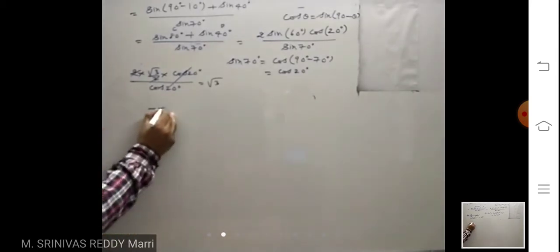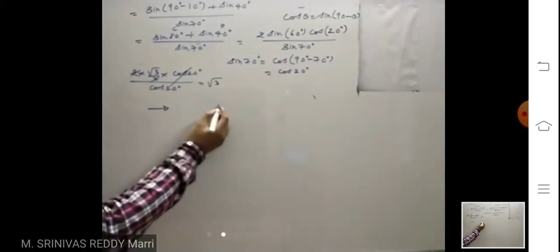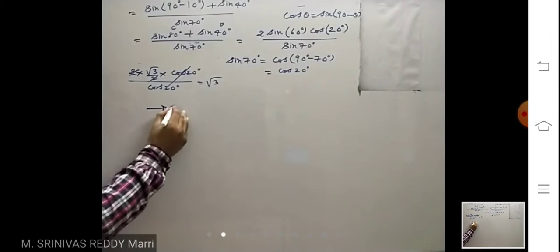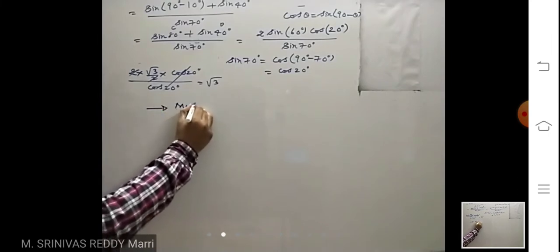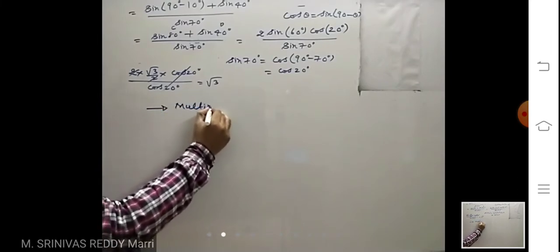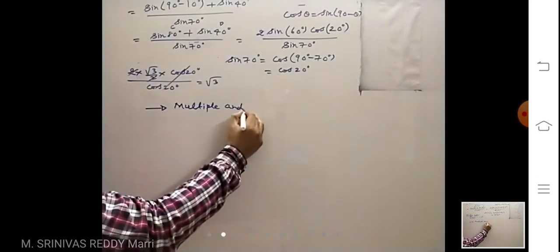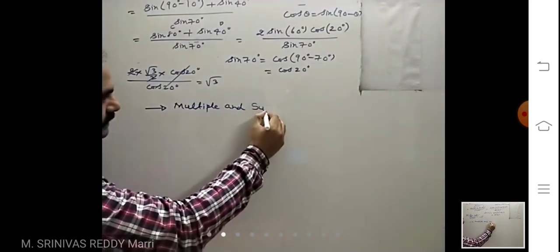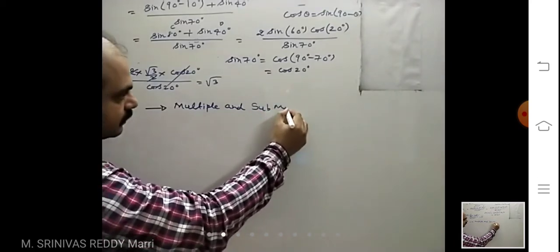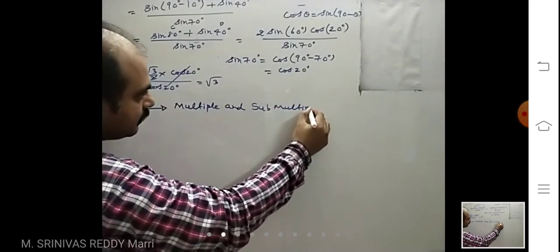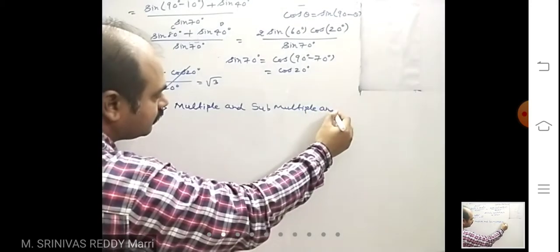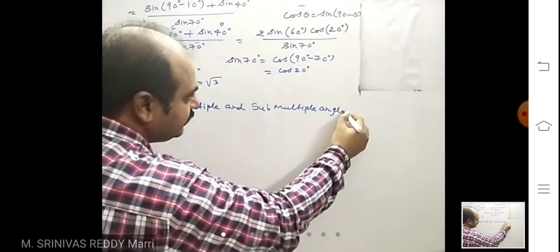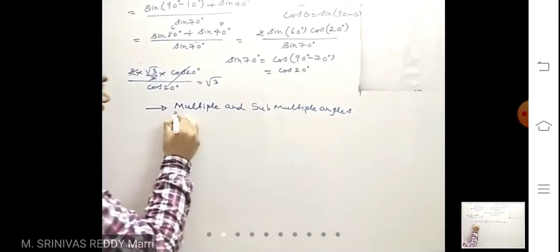Look at next problem. Next we will sort out some rules of multiple and submultiple angles, and then a mixture of problems will be there. Multiple and submultiple angles formula. And after this formula, again a mixture of transformations and multiple angles will be there. Look at.